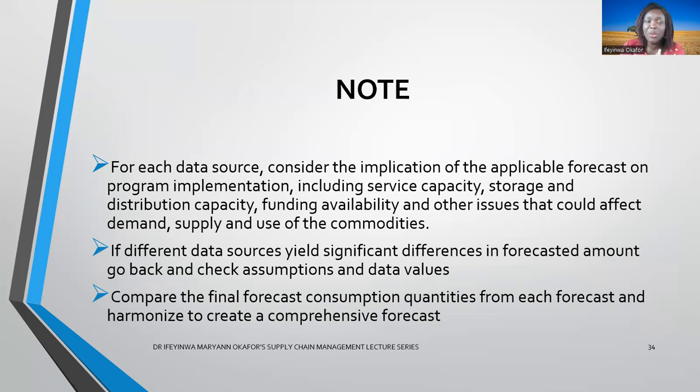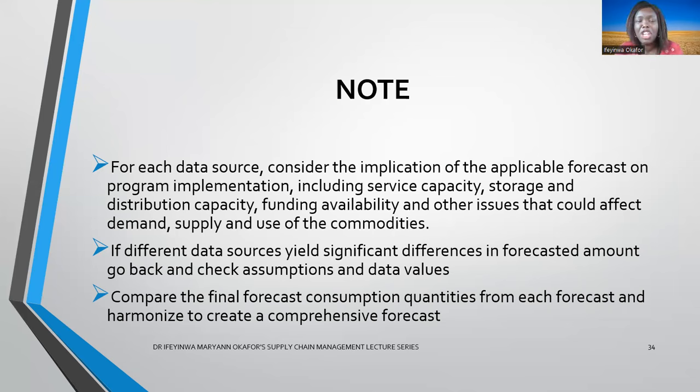You need to consider the storage and distribution capacity, funding availability, and other issues that could affect demand, supply, and the use of the commodities, before you make your final decision.